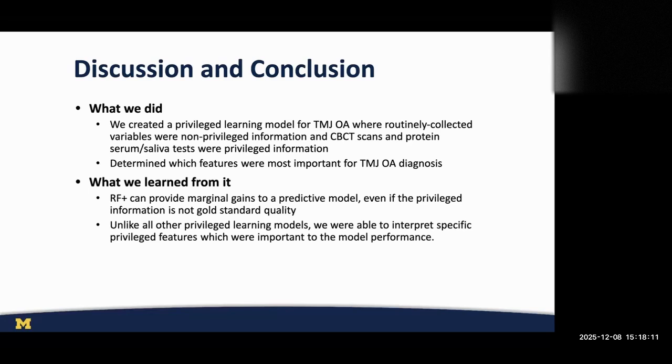So for example, if this person also had known osteoporosis, then maybe that could be really informational. Or if they have low calcium levels, or some other conditions, those could be added into the random forest plus model, and it would actually be a good addition to the model.